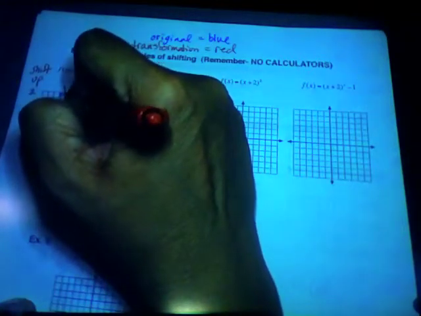The graph should maintain the same exact shape, it just got moved up 2. And so this is x squared plus 2.